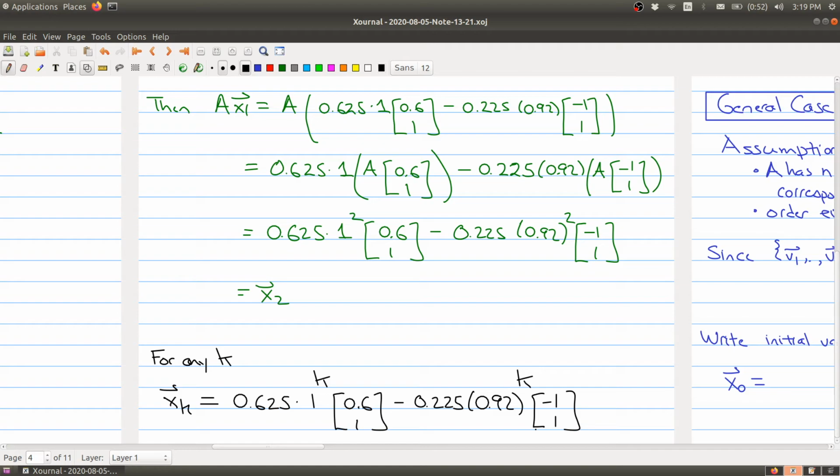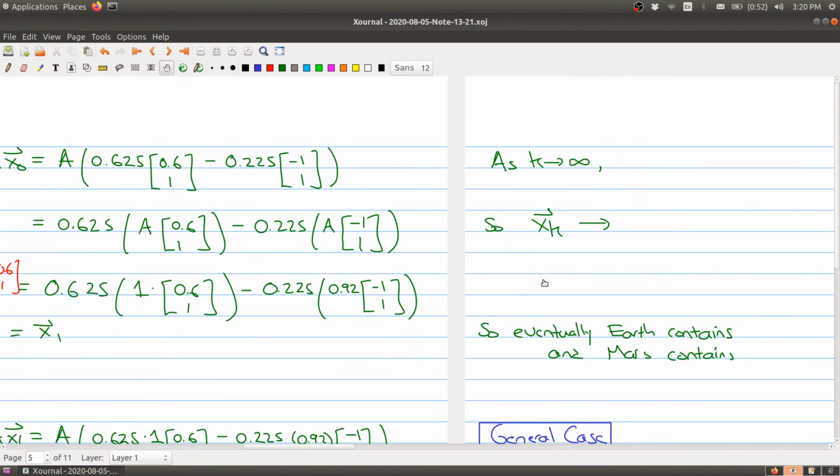Once you rewrite it this way, we can go back to our original question: what happens as we let k go to infinity? When you let k go to infinity, 1 to the k always just goes to 1. On the other hand, for 0.92, because this number is less than 1, as we raise its power, this part goes to 0. So the whole right-hand part will start to disappear, and that's what I have written here.